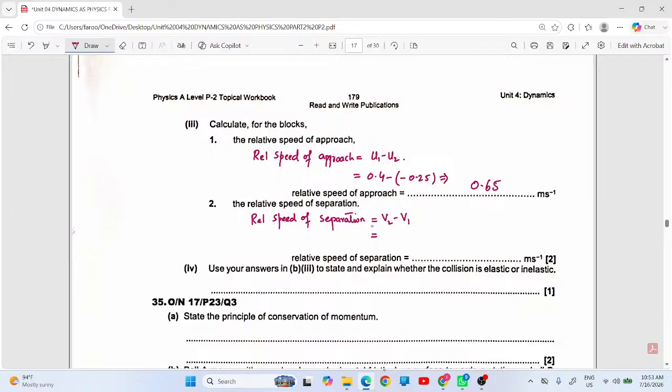What is V2? 0.35 minus V1, which is 0.2. So 0.15.